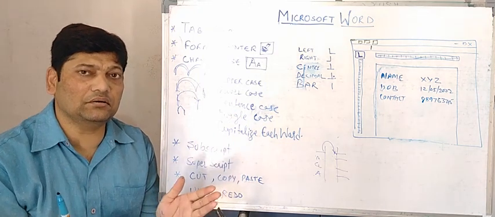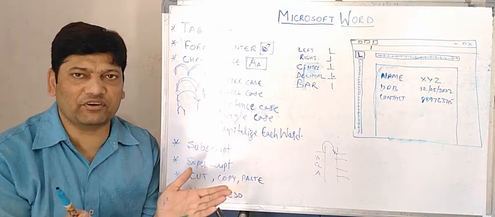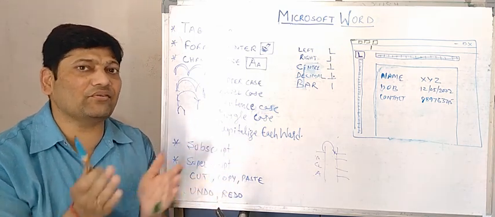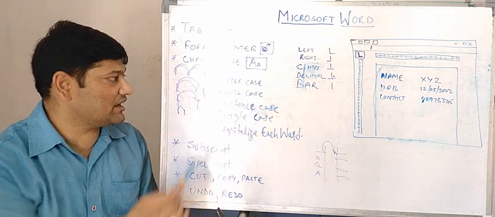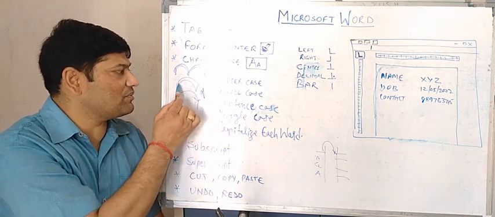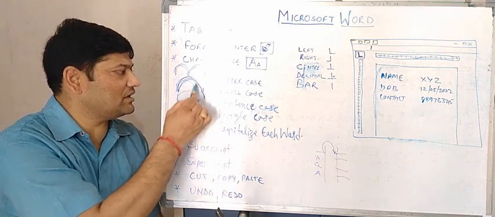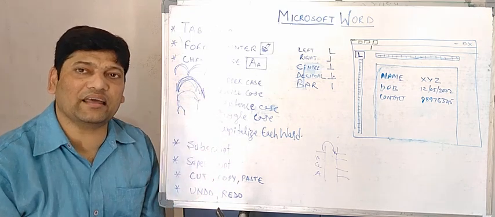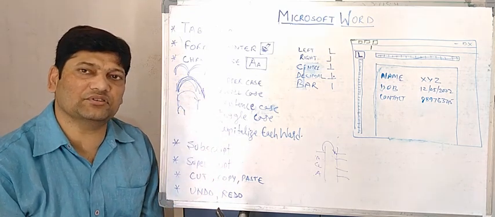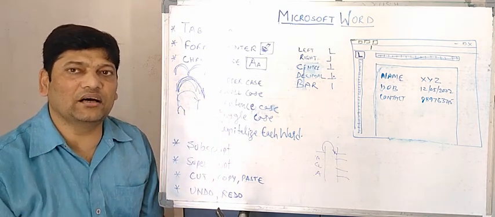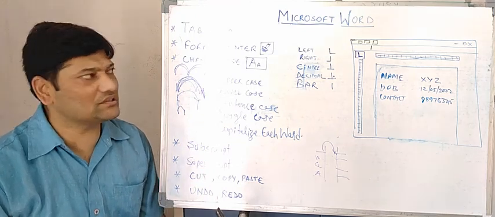But tab stop is something different. With a single key, you can reach the desired position. Like, I have to reach over here, so with the help of tab stop, I can move to the desired position.